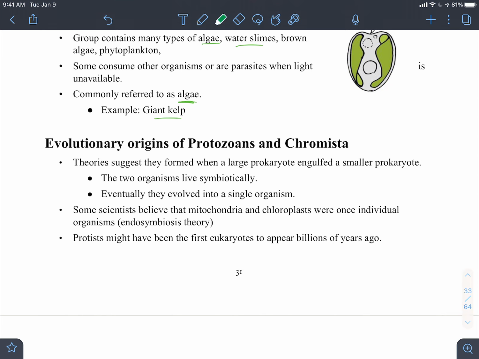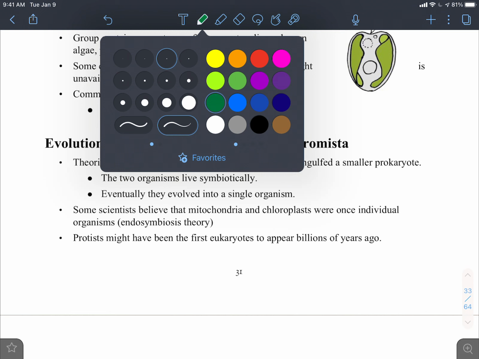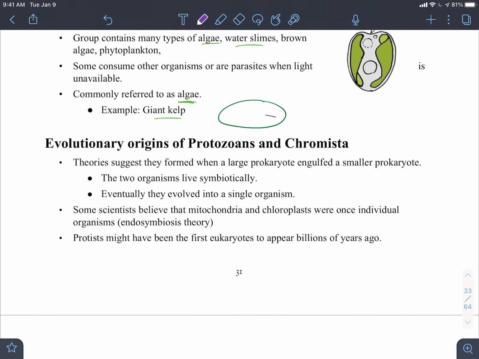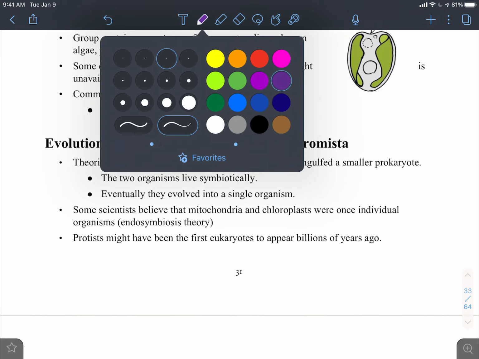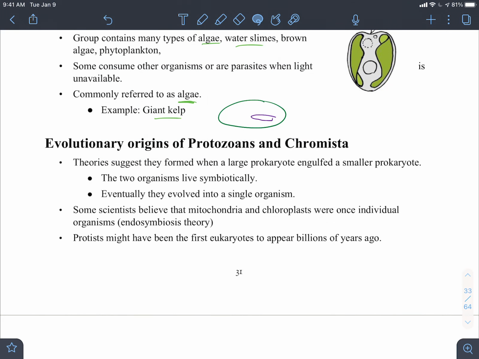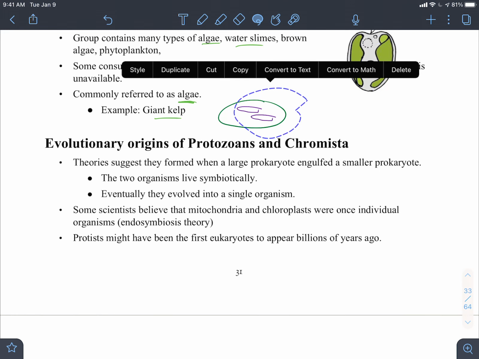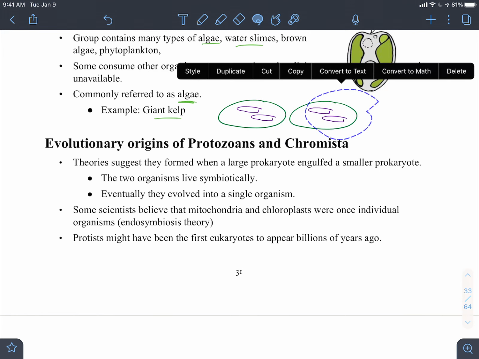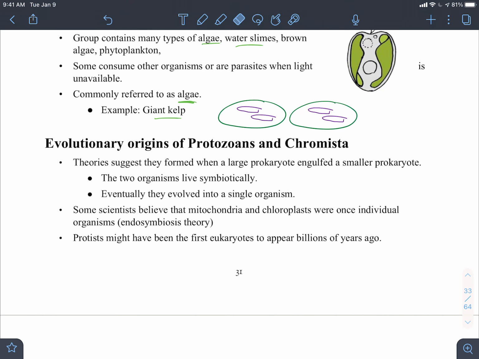So this is a little bit hard to imagine, but you've got this bigger prokaryote, say that amoeba, and then it absorbs that smaller one, and then over time, this one on the inside duplicates, and then the outside one duplicates, but there were two of these, so one ends up in each.